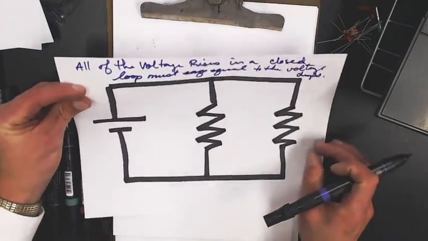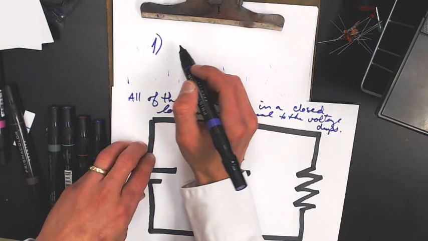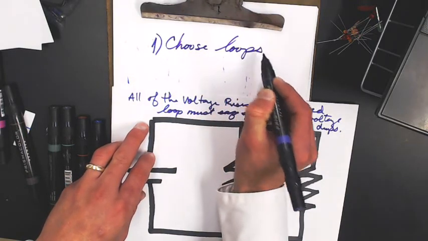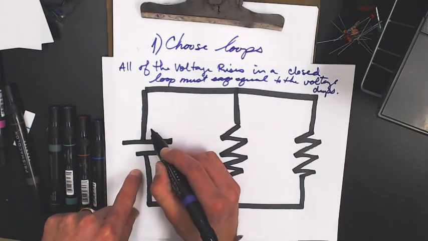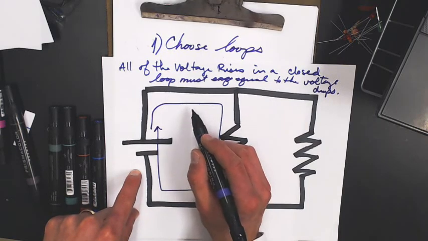So, step number 1, choose your loop. All right, so I'm going to start right here. Here's loop 1. All right, here's number 1.